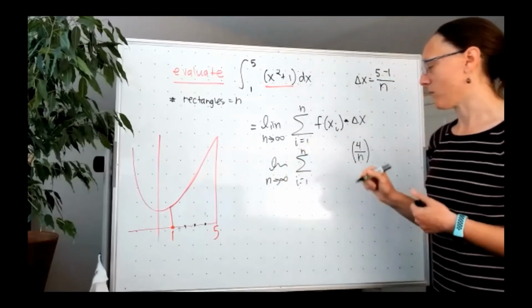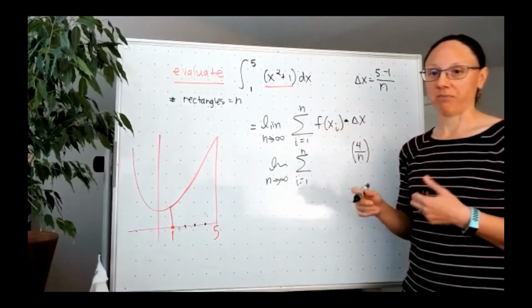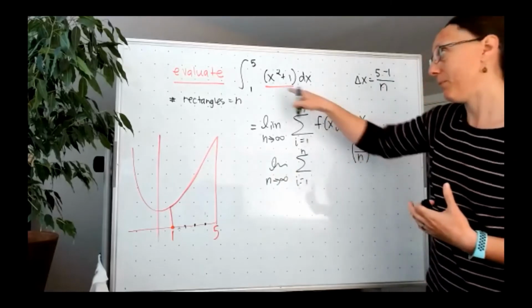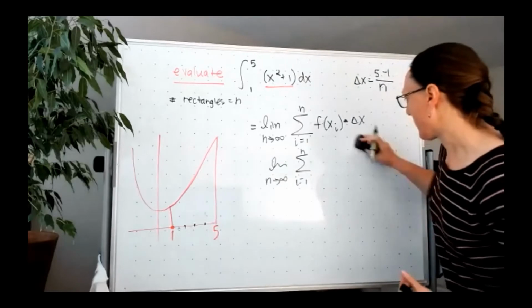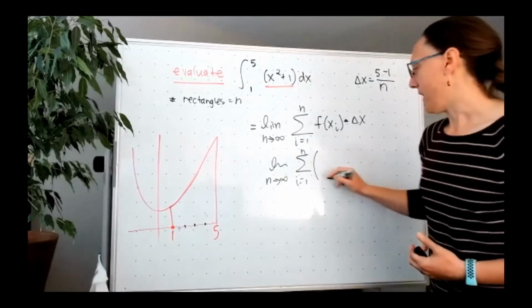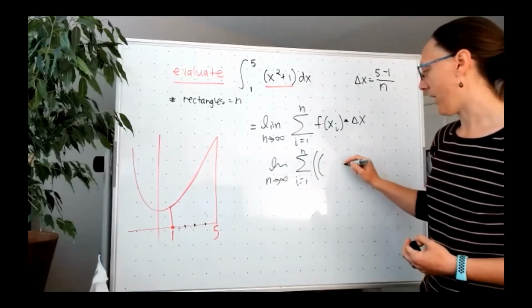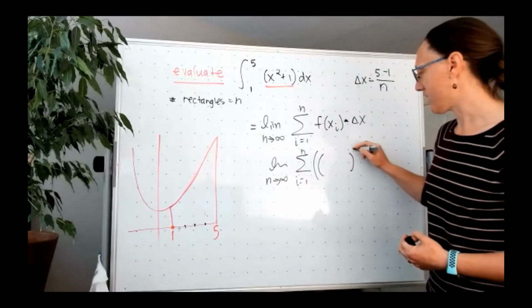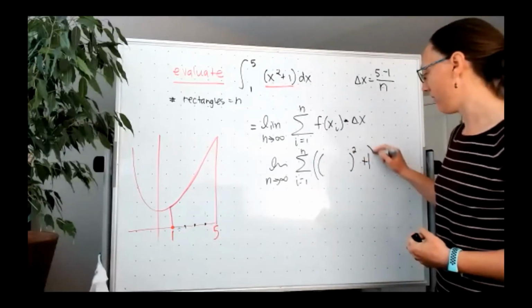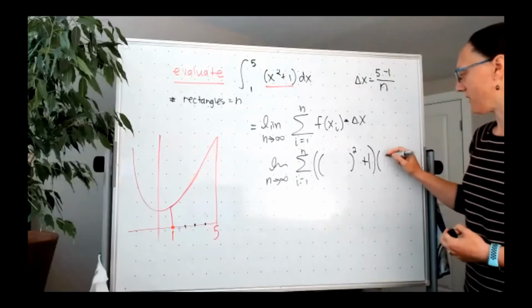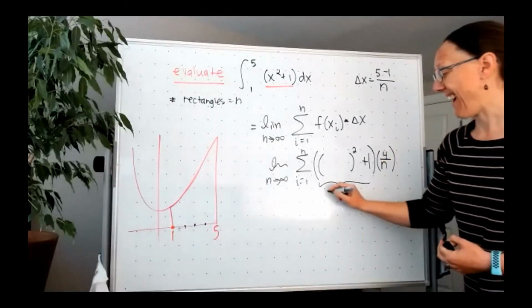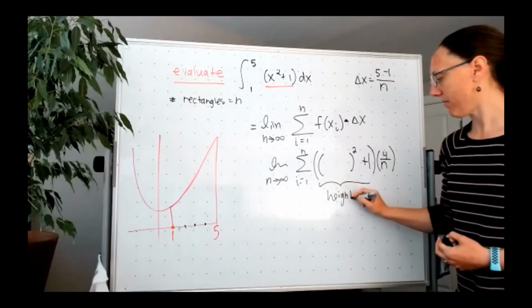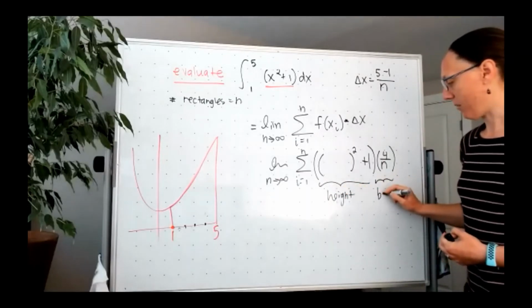Still going i equals 1 to n. Now I can get the function ready to go because I know it's x squared plus 1. So I'm going to need my x squared plus 1, and my delta x was 4 over n. So this is like my height, and that's my base.